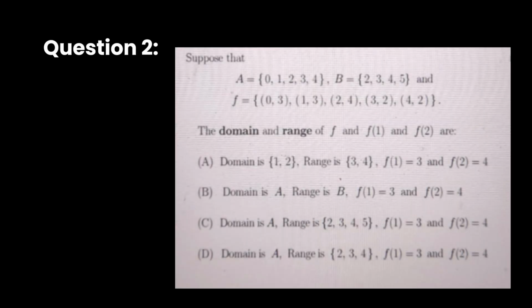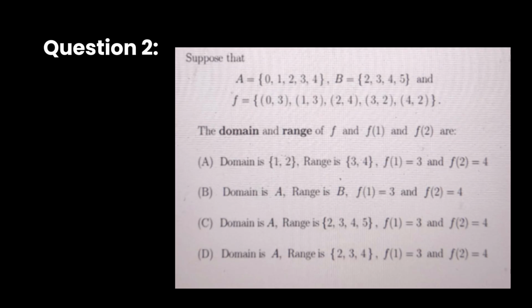Question 2. Suppose that A equals the set of elements 0, 1, 2, 3, 4. B is the set of elements 2, 3, 4, 5. And F is the set of ordered pairs (0,3), (1,3), (2,4), (3,2), and (4,2). The domain and range of F and f of 1 and f of 2 are, and of course we have the options.